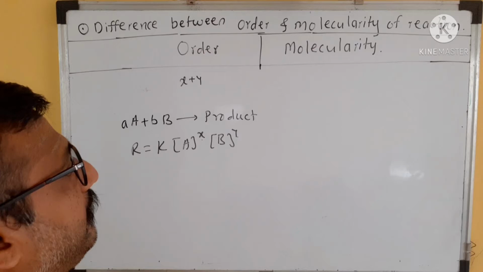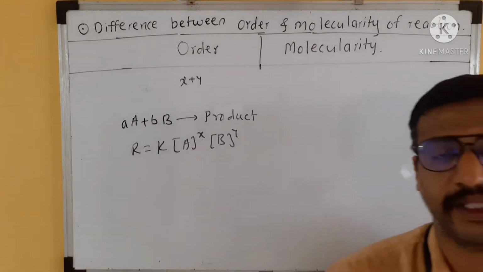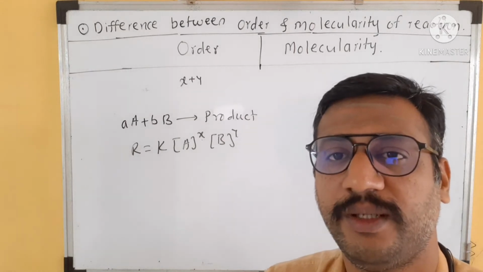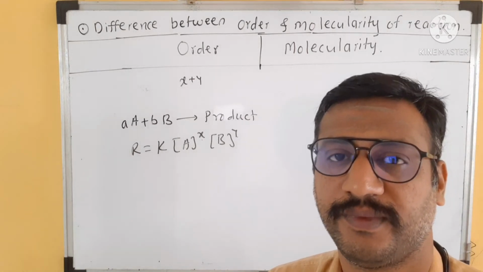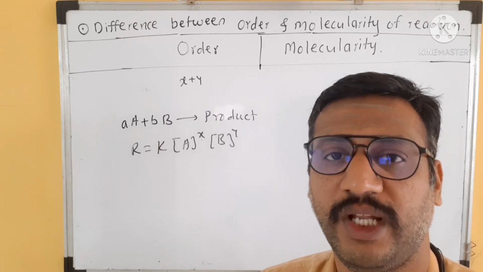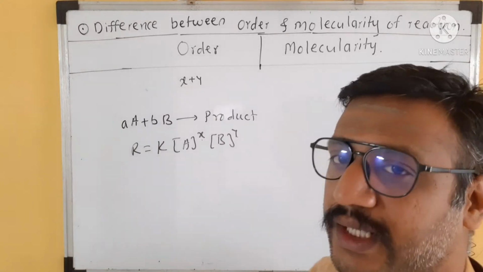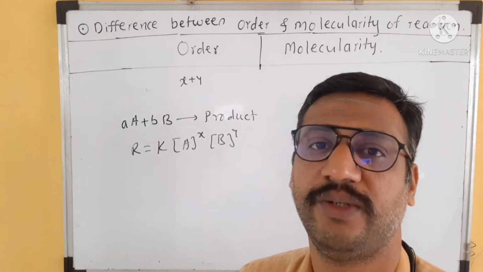Then next is the molecularity of the reaction. Molecularity of a reaction is the total number of reacting species in a balanced chemical equation. Suppose it's an elementary reaction, a simple reaction which takes place in only one step.